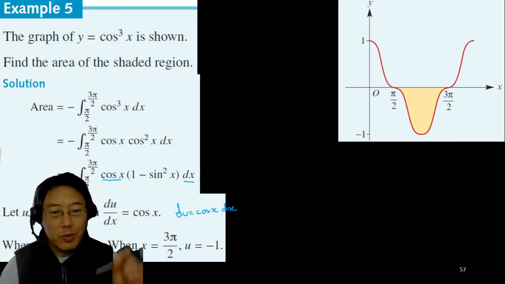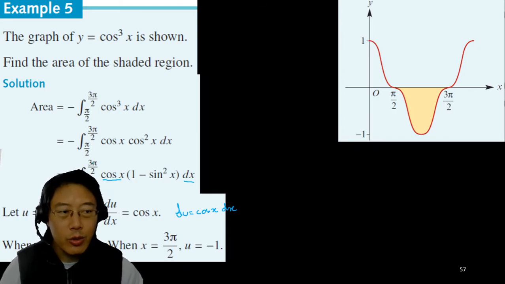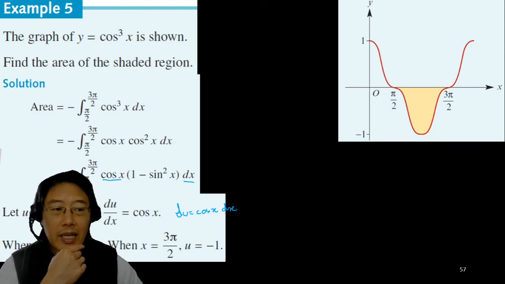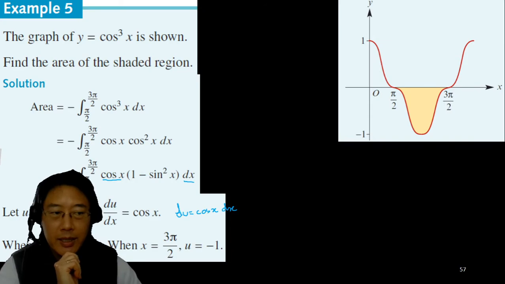Now just be careful, we're working with the definite integral. So the definite integral means you have the boundaries here, a and b. So when you do a substitution, you also need to substitute the boundary. Okay, don't forget. So for example, the first boundary is pi on 2.